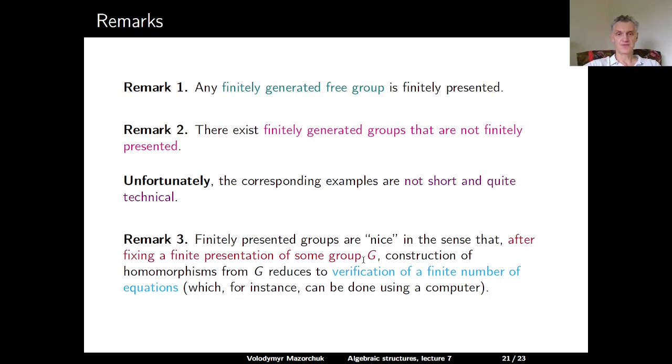And the final remark 3: finitely presented groups are nice in the sense that after fixing a finite presentation of such a group G, construction of homomorphisms from G reduces to verification of a finite number of equations. So our presentation gives us a finite number of generators and a finite number of relations. We send generators and we need to check only a finite number of equations, and this can usually be done using a computer. So finitely presented groups are good because one can write computer codes to work with them.